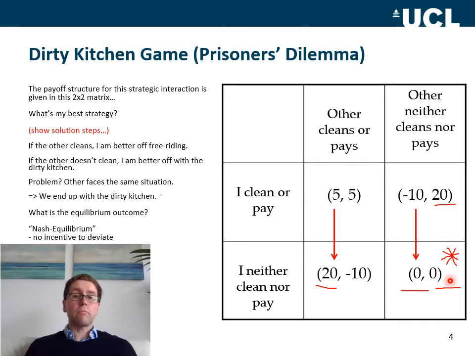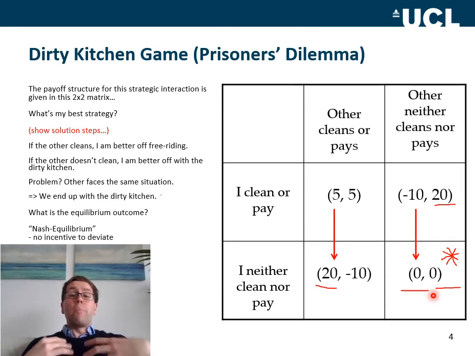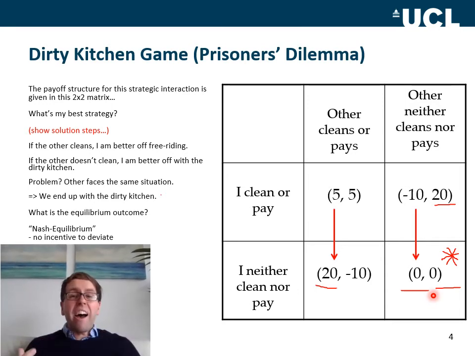Now, what's the problem with that? Well, the problem is that it's bad, that it's not optimal. If we could only agree, we could find an outcome where we're both better off. We could both enjoy the clean kitchen, the 5-5 outcome, for example. We both like this outcome better than the 0-0 outcome. Yeah, we both could be better off, but because we're in a bad sort of Nash equilibrium, we can't get out of it.